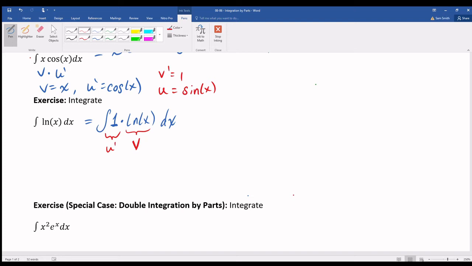So if u prime is equal to 1, then u must have been equal to x, the simplest antiderivative. And if v is equal to natural log, then v prime must be equal to 1 over x.